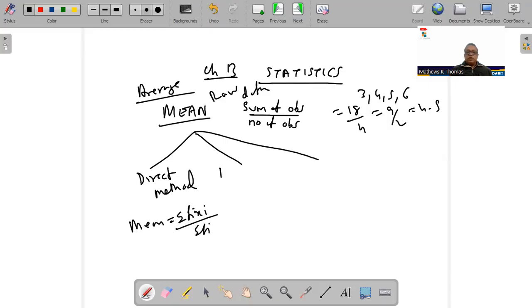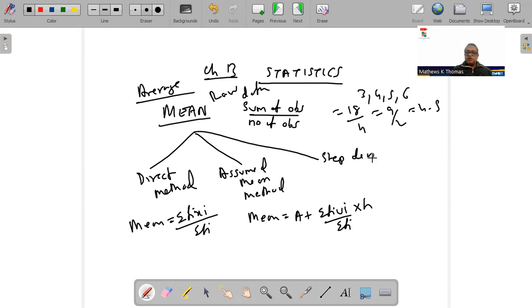Then we have the assumed mean method, and then the step deviation method. So there are three different methods.